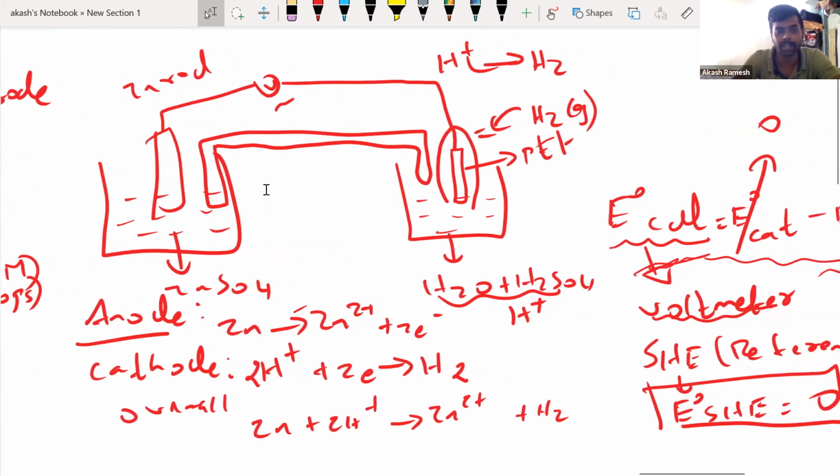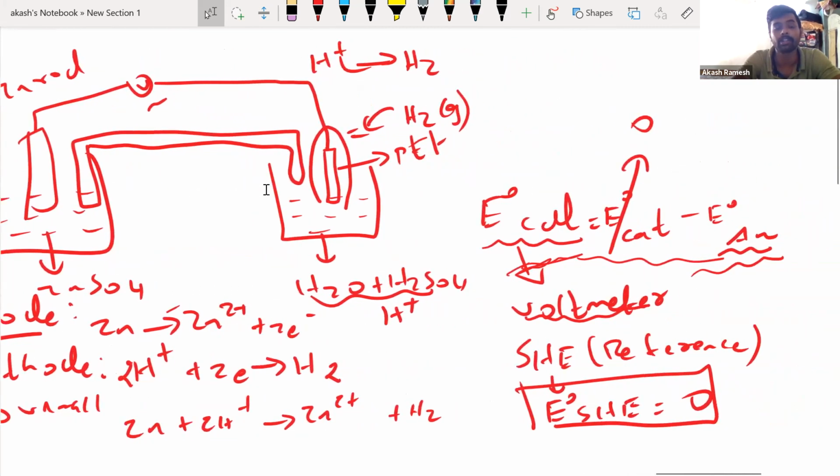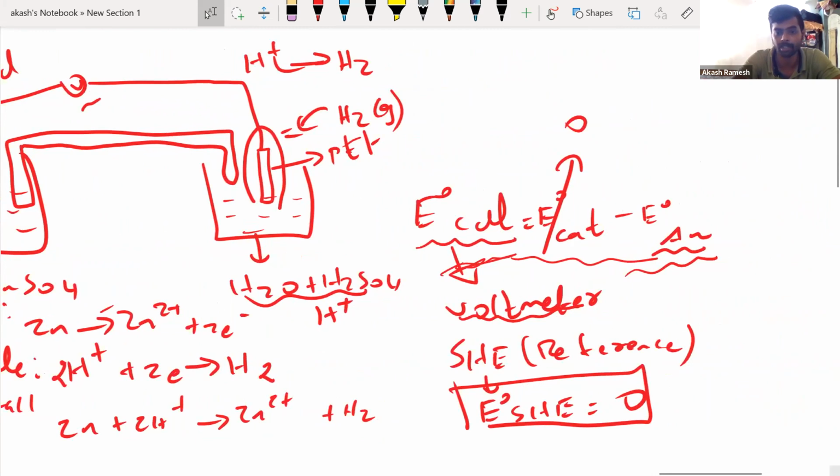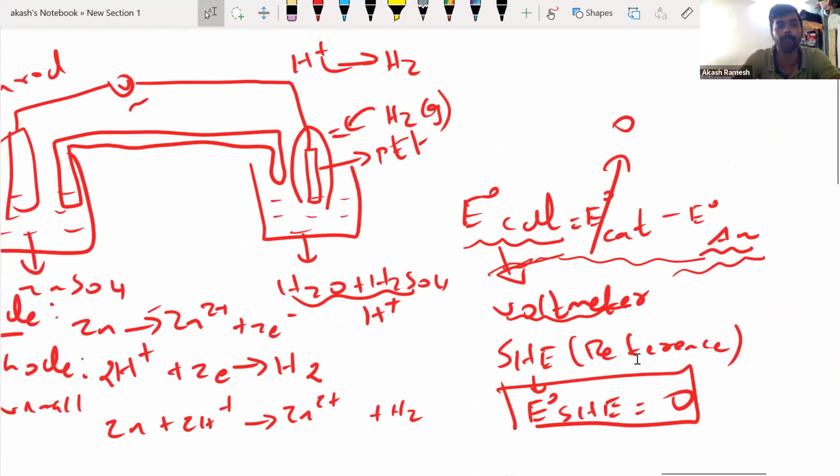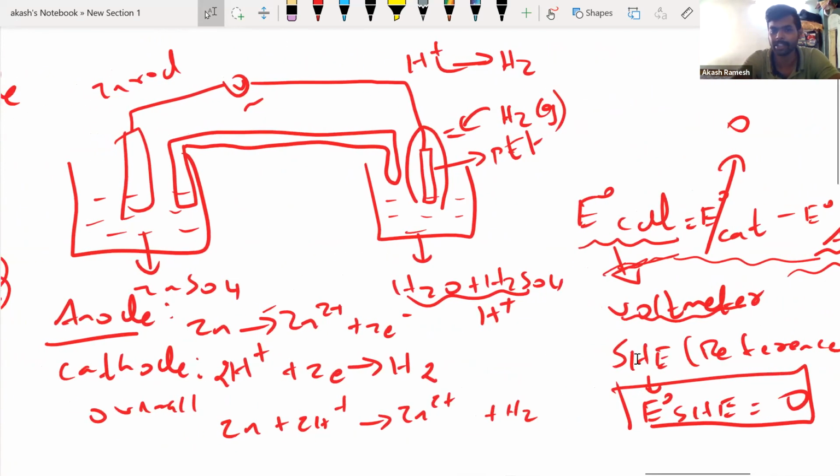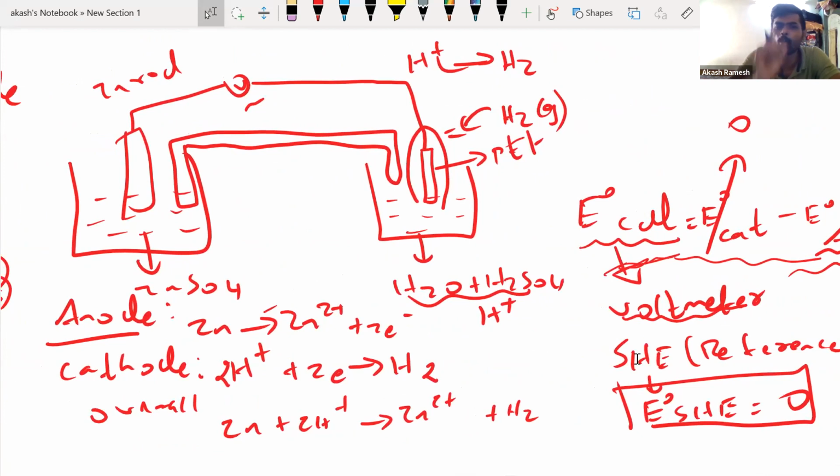So with the help of the standard hydrogen electrode, we now found out the individual reduction potential for zinc. Now, if I have to find it for copper, there will be only one change which I do in the circuit. Obviously, I have to include the copper rod and copper sulfate, but there'll be one more major change. The SHE will become the anode.